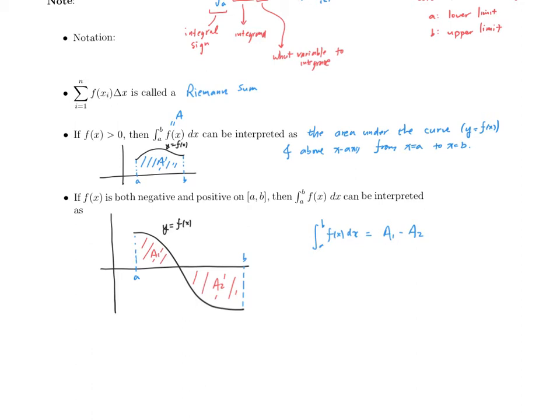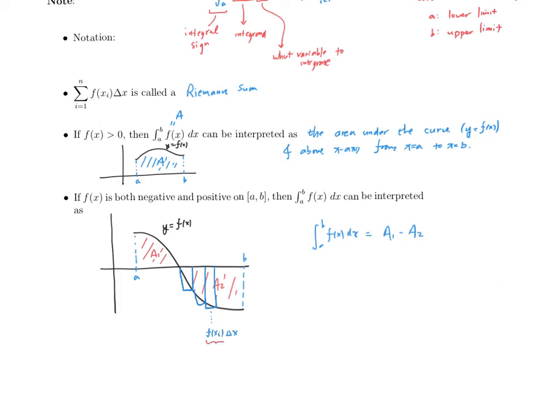And just to give you an idea of where this comes into play, the definition of the definite integral involves these Riemann sums, where we're adding up the areas of rectangles. In terms of this region A2, when we start drawing in some of these rectangles, the expression that we're using to determine their area is f of x sub i times delta x.